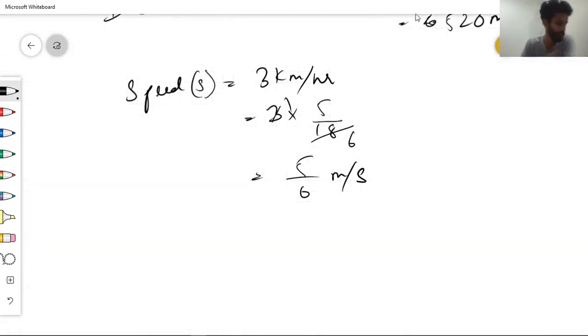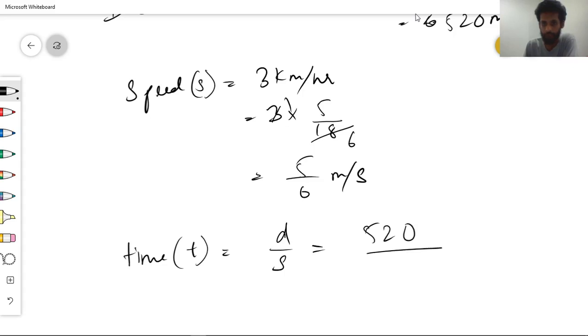Now this is 520. So what will we do? Time t is equal to, we got the distance, we got the speed. How do we find the time? It is distance divided by speed. Distance given is 520, and the speed given is 5 by 6.